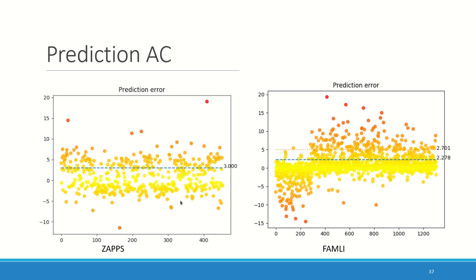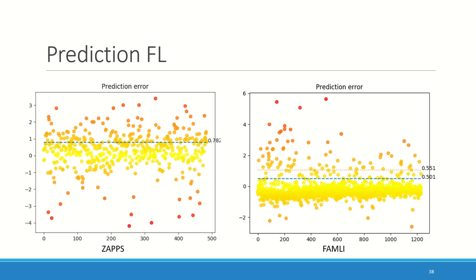For abdominal circumference, mean error of 3 in our validation dataset, and 2.27 in our evaluation dataset. 0.7 mean error in our validation, and 0.5 in our evaluation dataset.